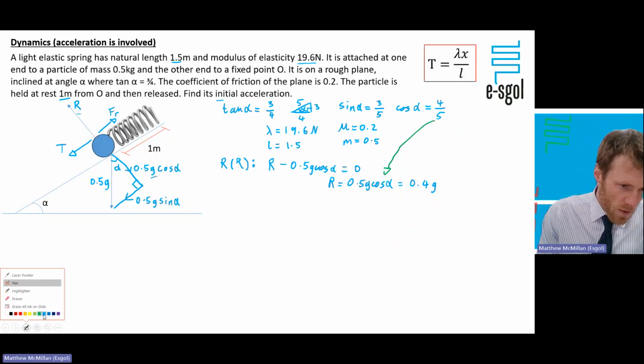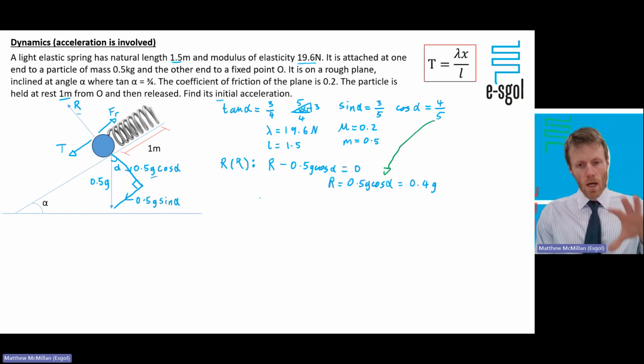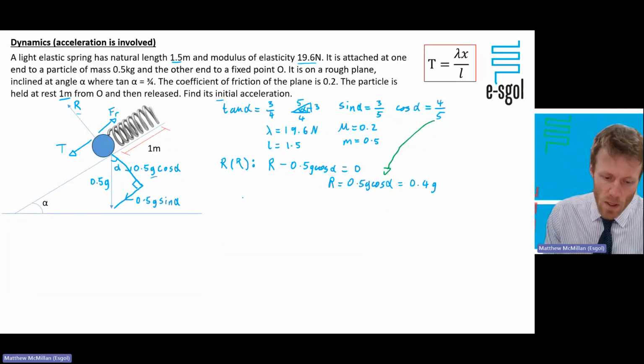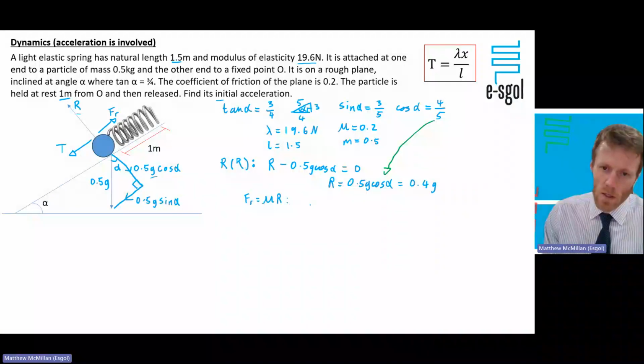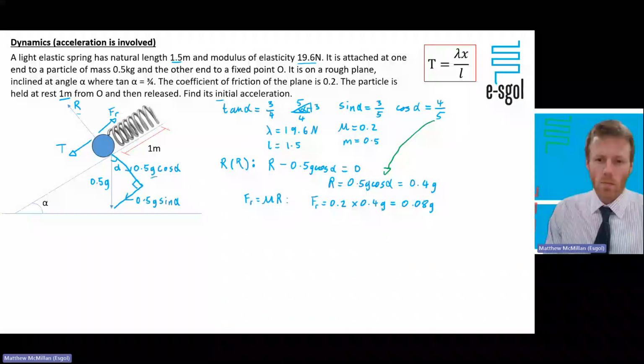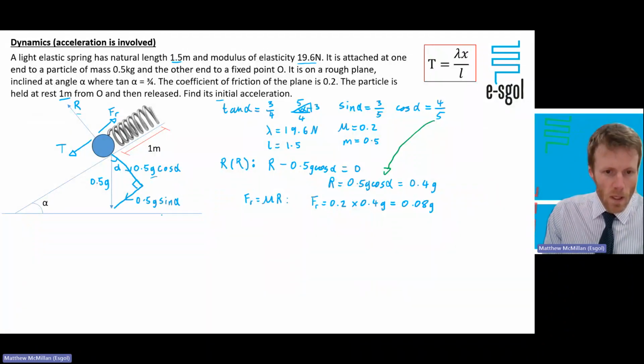So that's resolved our forces perpendicular to the plane. That then allows us to find our friction. Friction is mu times R. So friction is 0.2 times 0.4 g, and that equals 0.08 g.